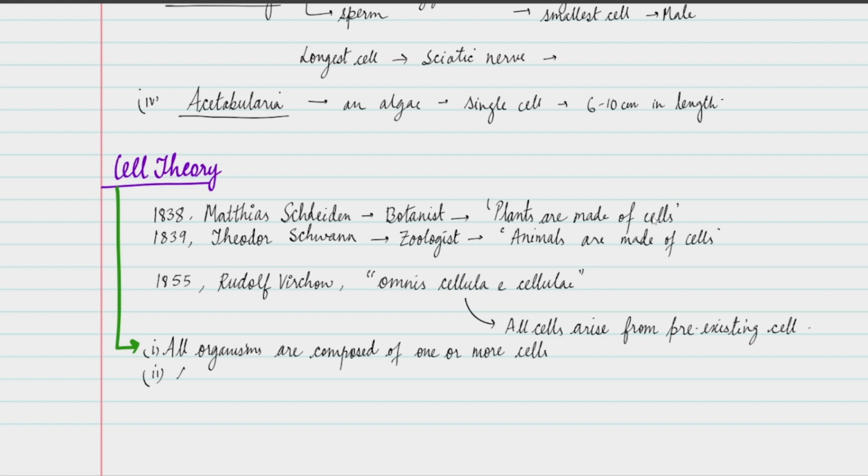Cells are the smallest unit of life. And all cells come from pre-existing cells.